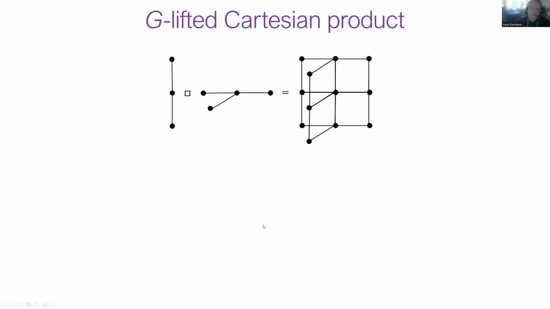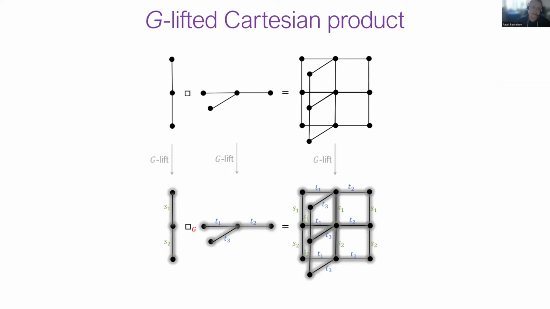And we also need a Cartesian kind of product. So we can also lift the Cartesian product, and here it is essentially the same operation, but we just consider the one-skeleton.